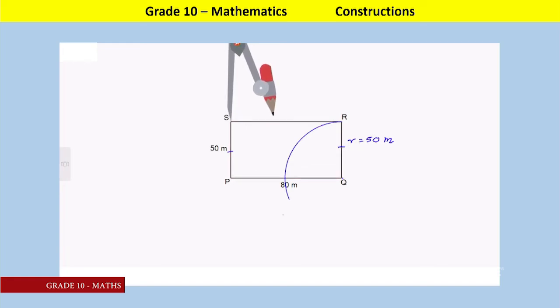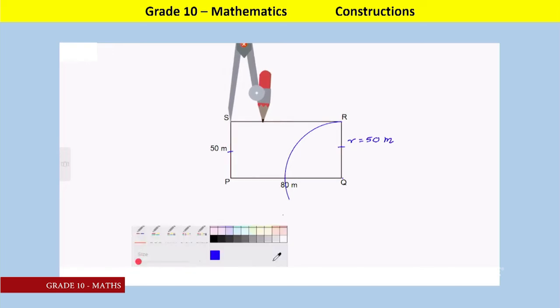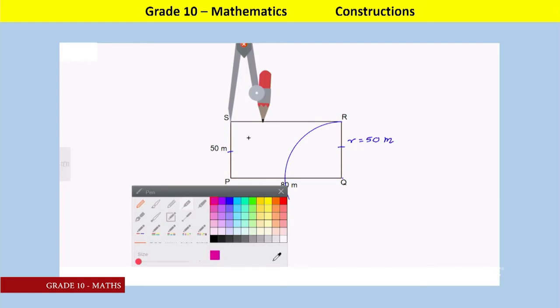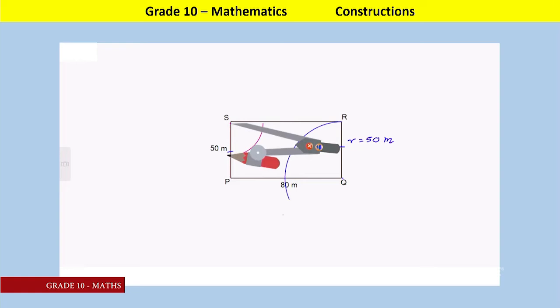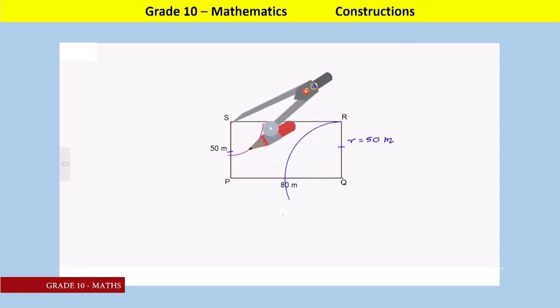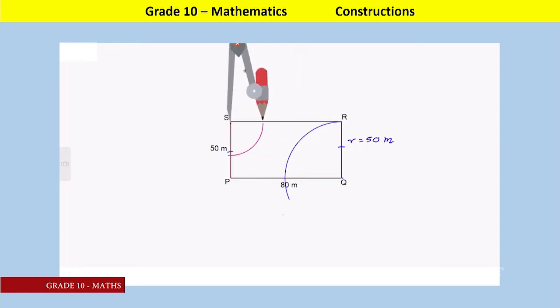I told you earlier, S is the common vertex. So, we have to bisect the angle PSR. Keep the steel point on S. Draw an arc to intersect those two lines.